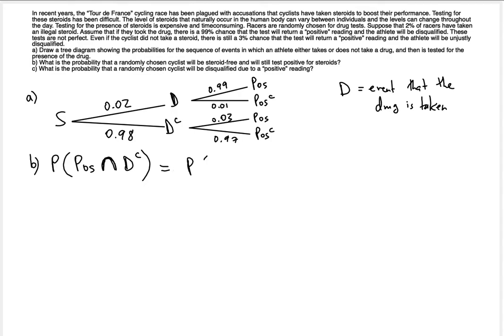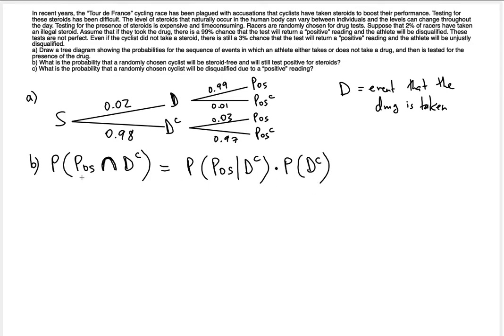So basically we have to find the probability that, given that the tester did not take the illegal drug, what is the probability of scoring positively on the test, times the individual probability of not taking the drug, D complement.